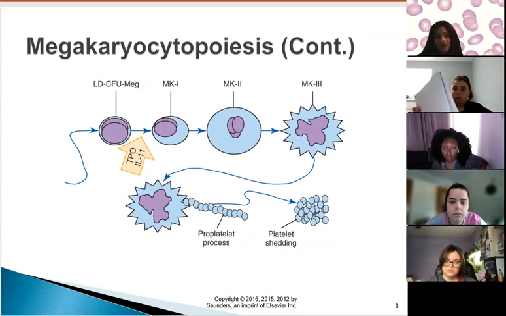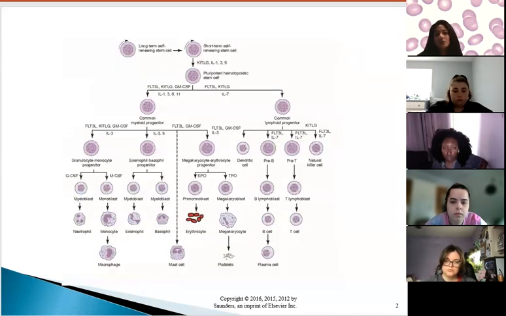In the process of megakaryopoiesis and hematopoiesis, there are a lot of proteins and regulators, interleukins, that we need in order for this process to happen, okay? So differentiation, cell division, and replication wouldn't be happening if we didn't have all these regulator factors that help us along the way.